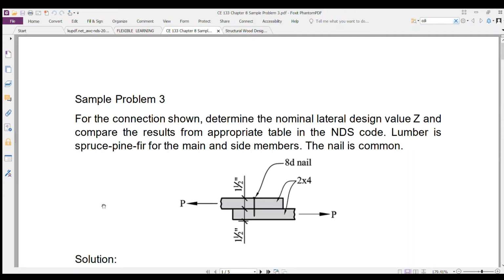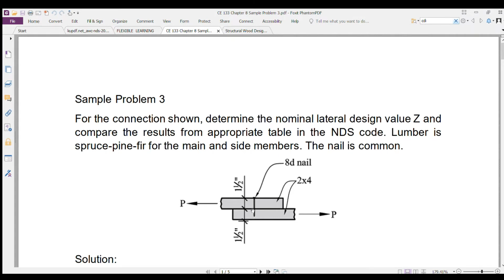For sample problem number 3, we have here, based on the previous slide, our requirement is to determine the lateral design value Z and compare the results to the appropriate table in the NDS code. Lumber is spruce pine fir for the main and side members, and the nail is common type. Okay. So we have here the dimension of the wooden members. So it is 2 inches by 4 inches.